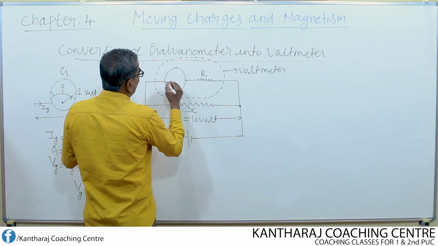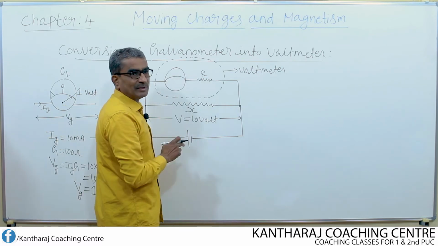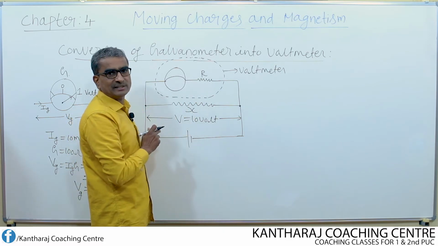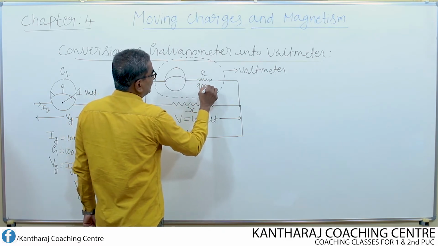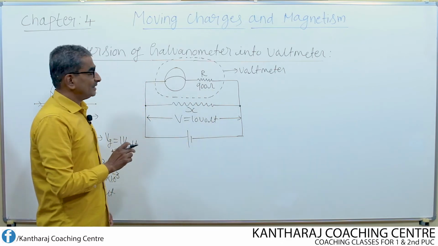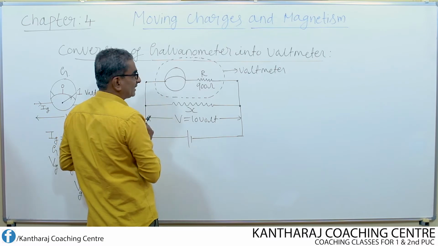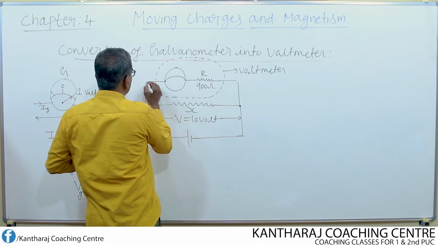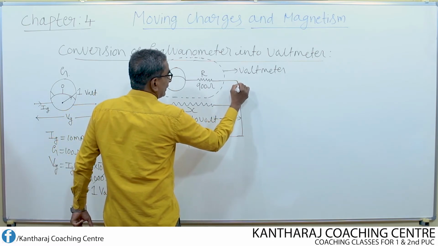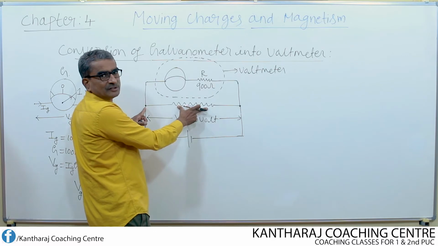Now the range of the voltage to be measured is going to increase by connecting one high resistance in series. Say for example, if the high resistance which I am going to connect is 900 ohm, now what will be the potential difference across this voltmeter? The potential difference across this voltmeter is equal to the potential difference across this resistance of the circuit.